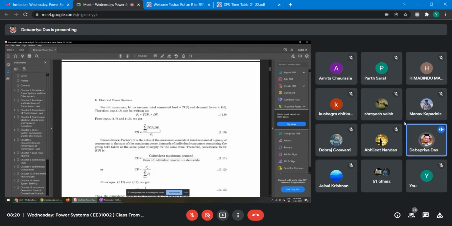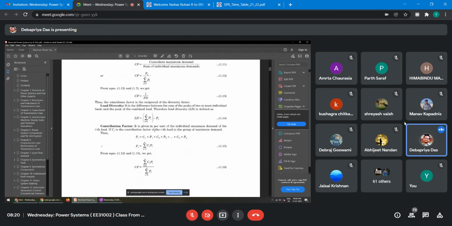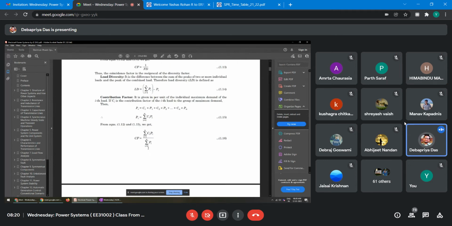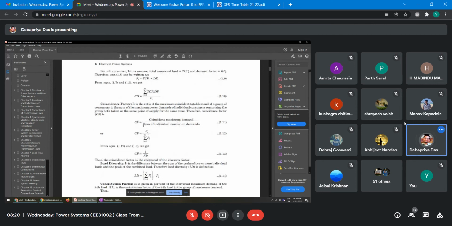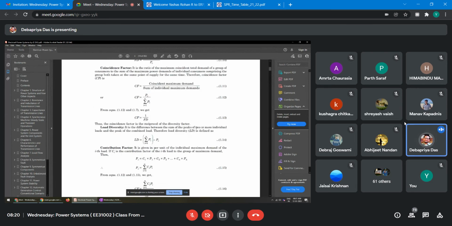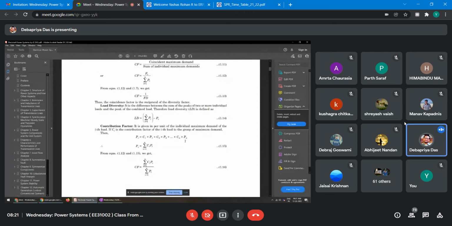Therefore, in the coincident factor Cf, we substitute that Pc: the sum for i equal to 1 to n of Ci Pi divided by the sum for i equal to 1 to n of Pi. So the coincident factor is actually the coincident maximum demand divided by the sum of individual maximum demands. The idea is that this P1, P2, Pn are the individual maximum demands.